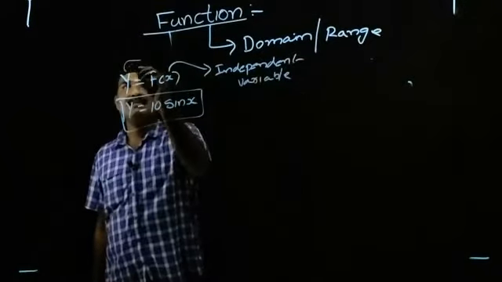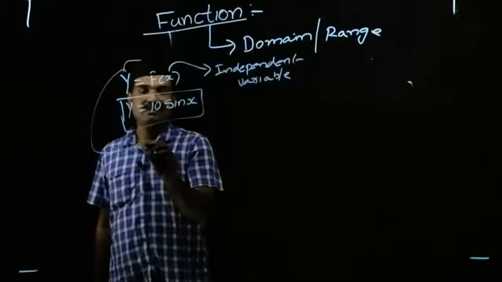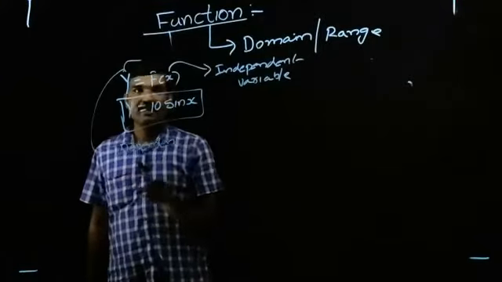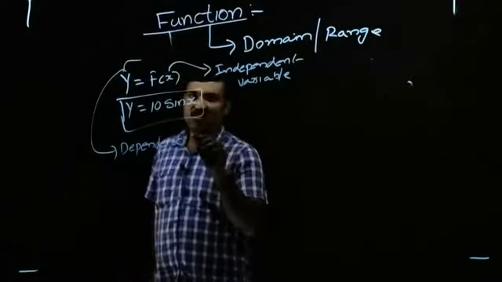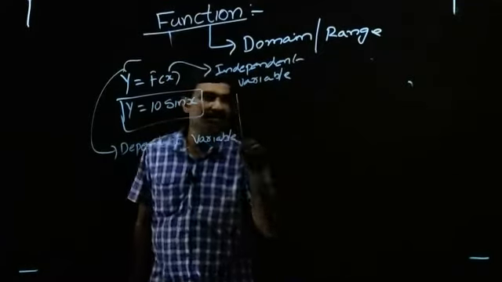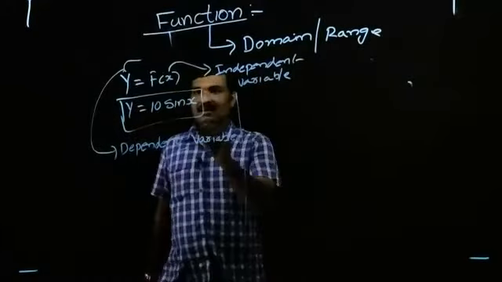And y is our dependent variable. So the value of function y will depend on the value of x. So we can say y is the dependent variable. We have y is equal to 10 sin x.